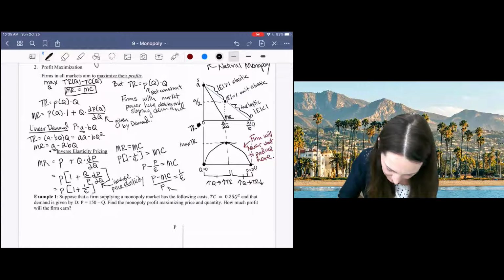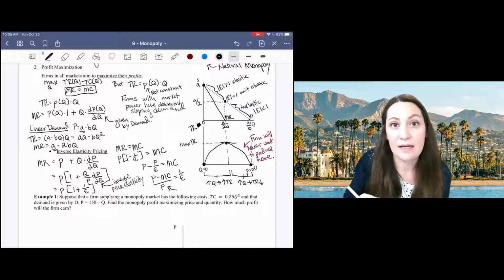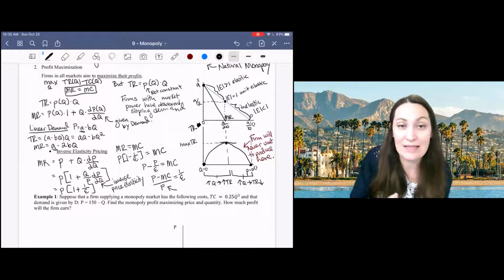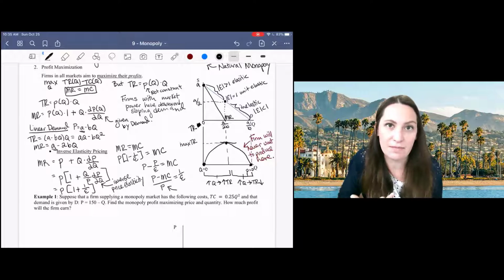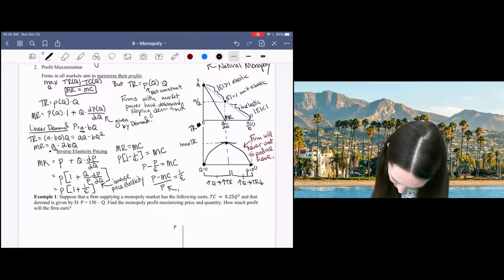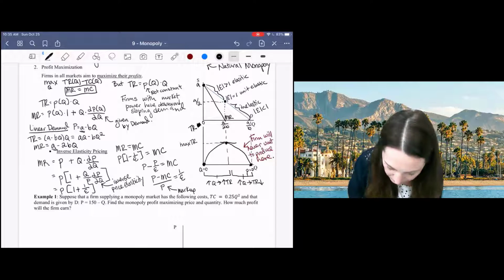So here, price minus marginal cost is like the markup, because in a competitive industry, the price would be equal to marginal cost. So how much higher is the price than the marginal cost? It tells me the markup on that product. This is how much the firm is able to raise price.